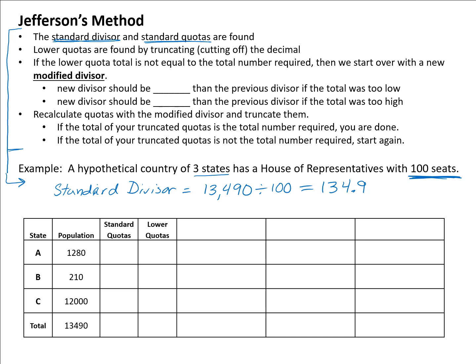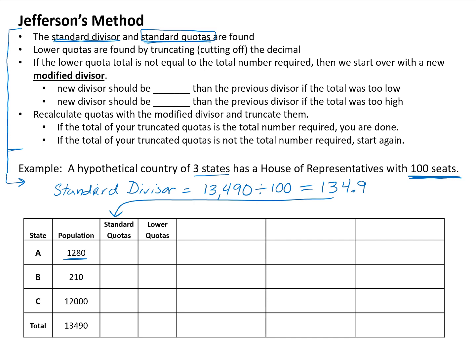Now, what we're going to do next is find the standard quotas for every state. So the standard quotas are the decimal equivalent of how many seats they would get. So that includes the decimal. So we're going to take each population and we're going to divide each population by the standard divisor. That's why it's called a divisor, is because we're going to divide by it.